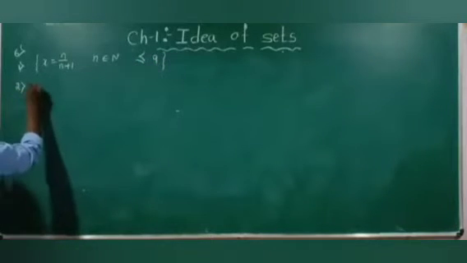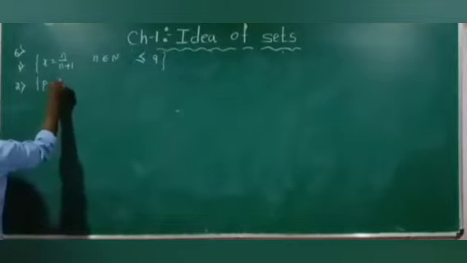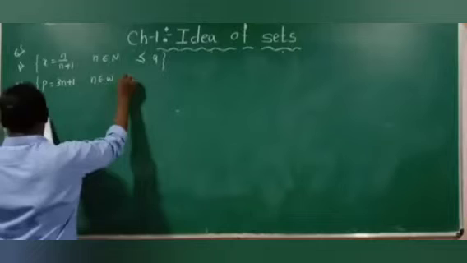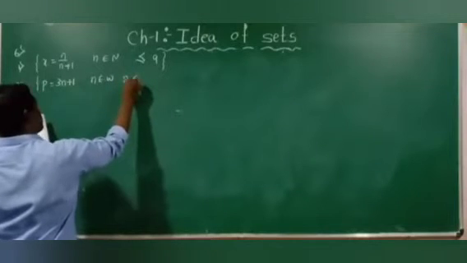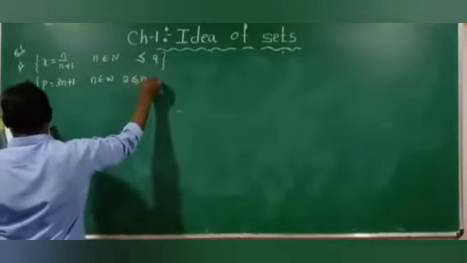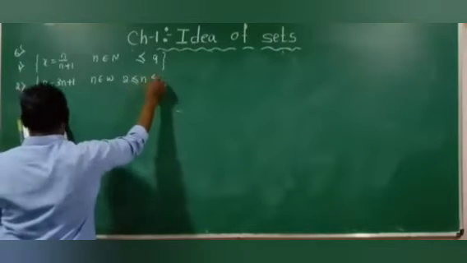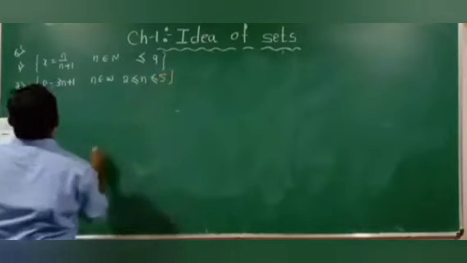Second one, p is equal to 3n plus 1, where n belongs to whole numbers, and n is greater than or equal to 2 and less than or equal to 5.